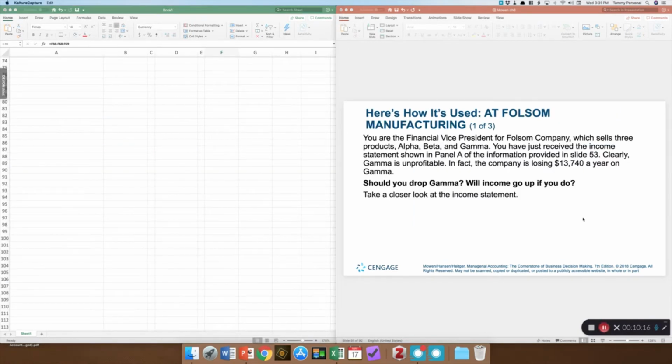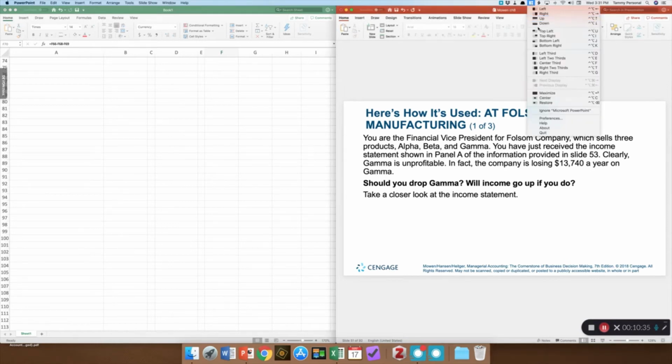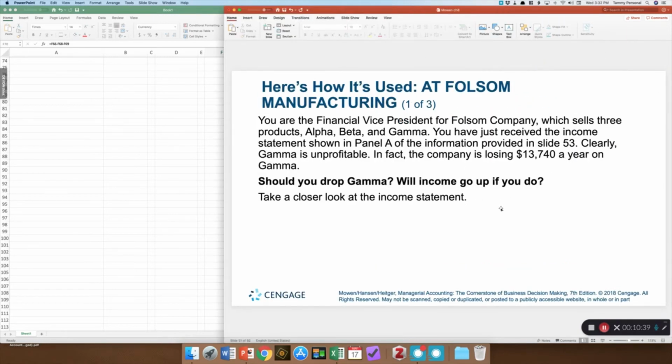Okay, so this next example, I'm just going to walk through. I'm not going to do it in Excel because all you have to do with this particular example is look at the information that is presented and the way that it's being presented. Let me see if I can make this bigger. There we go. Okay. So we have just received the income statement shown in panel A of slide 53.